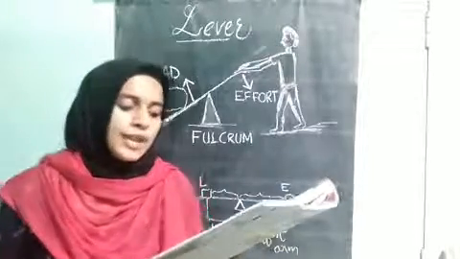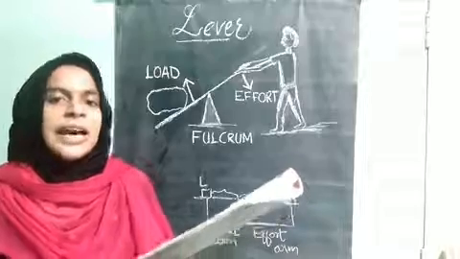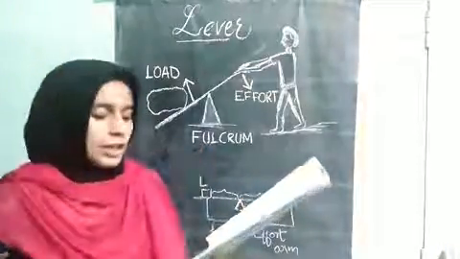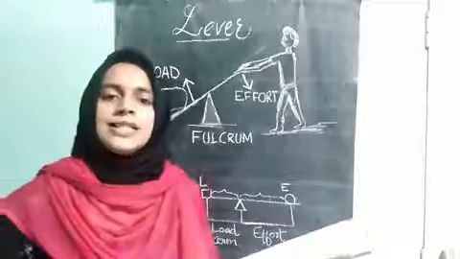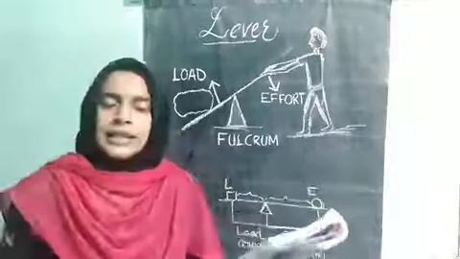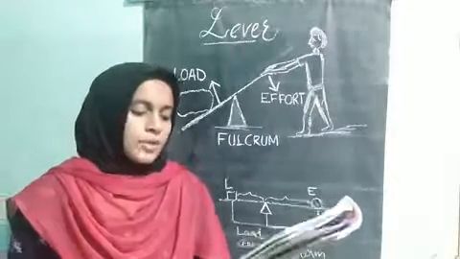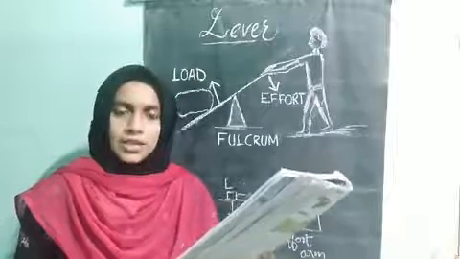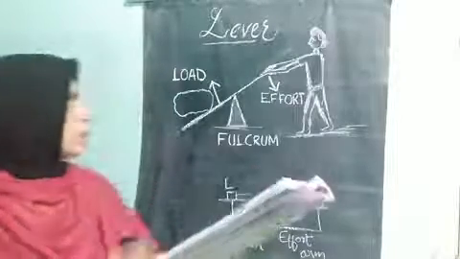The fixed point at which the lever rests, that point we call fulcrum. It is represented as capital letter F. Now, the length of the lever between the fulcrum and the point at which the load acts, we call load arm.